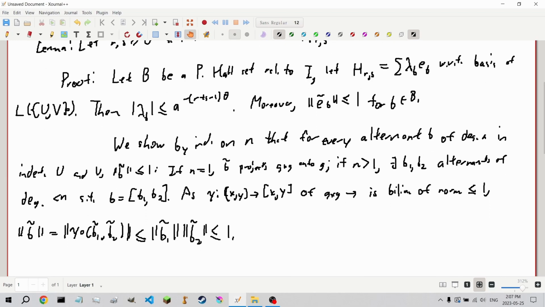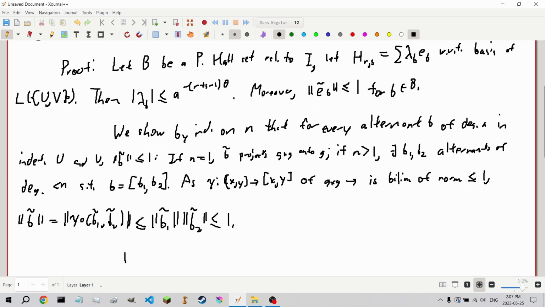Alright, on to our second proposition. The formal power series H tilde is a convergent series. Convergent, not how you spell that word.